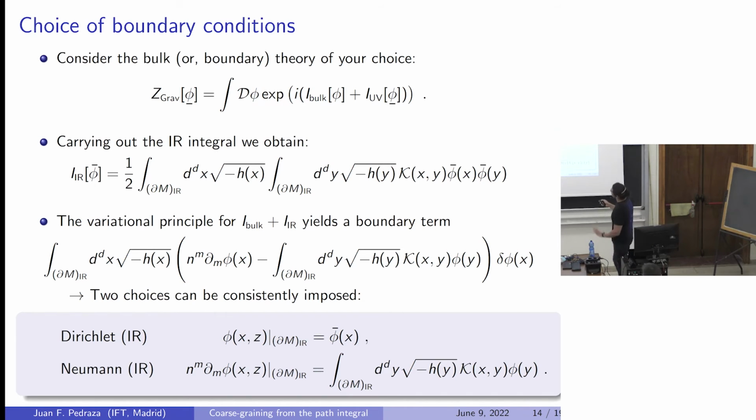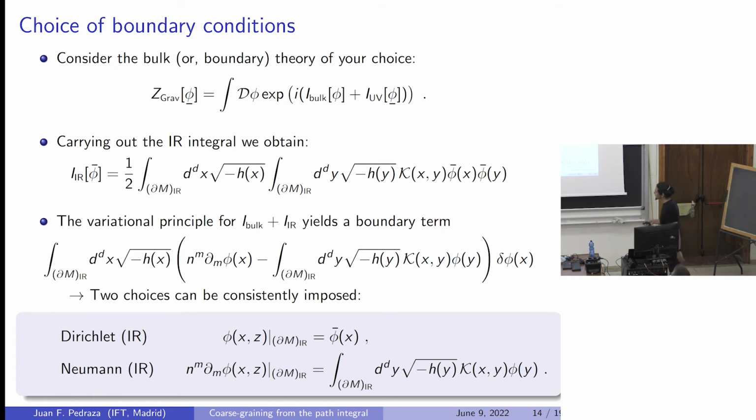But nevertheless, what I wanted to show you here is that when you use the variational principle in the sum of this bulk term with the IR piece that you get, you get this boundary term here. So in order to make this vanish, we have two choices. One is to impose that this variation is 0 at the interface.